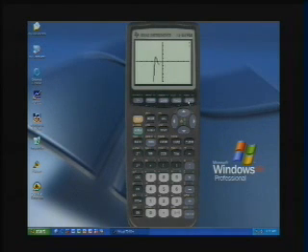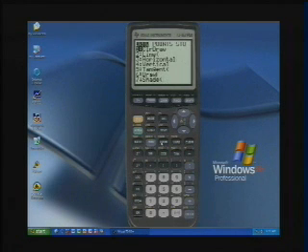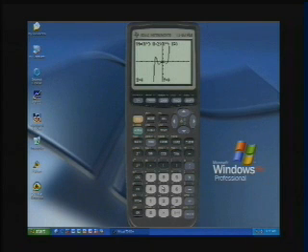Let's go ahead and graph our function, and then let's go to the Draw menu. So Second, Draw, this will be faster, and then go to number 5, Tangent, and then all you have to do is type in x equal 1 and press Enter.